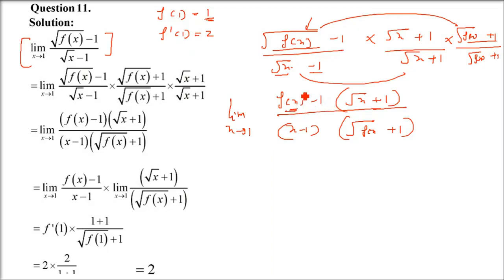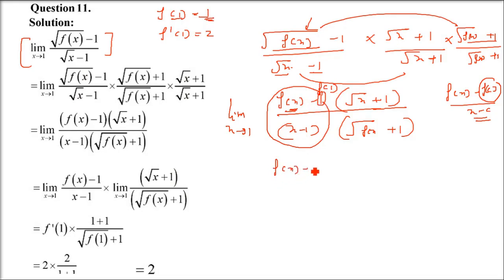Because if you just apply the limit, it will be f1, 1 minus 1 divided by 1 minus 1, and that will not solve our purpose. So as I'm saying, fx minus fc by x minus c is f dash c. So here you have 1. So just put f1 because f1 is 1. So fx minus f1 by x minus 1.